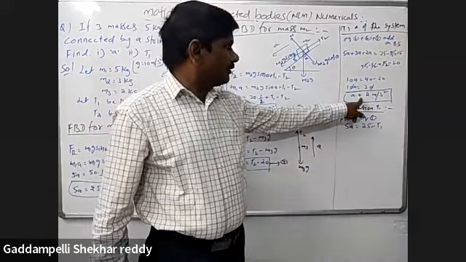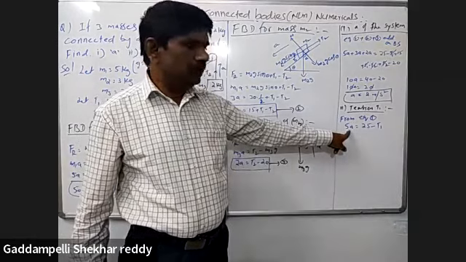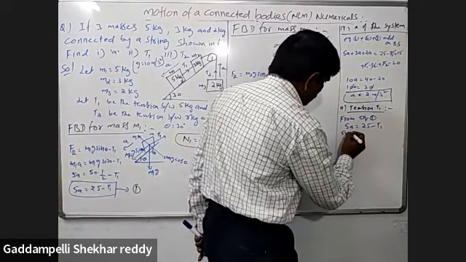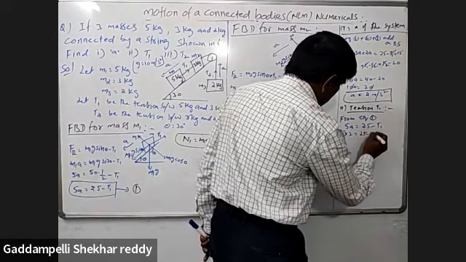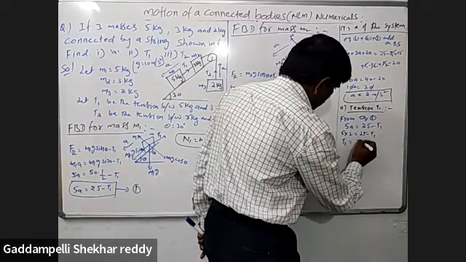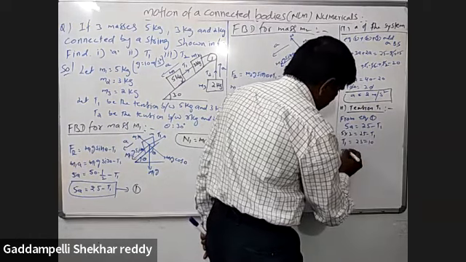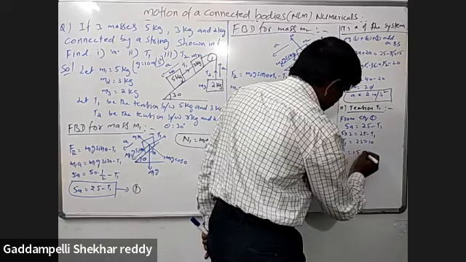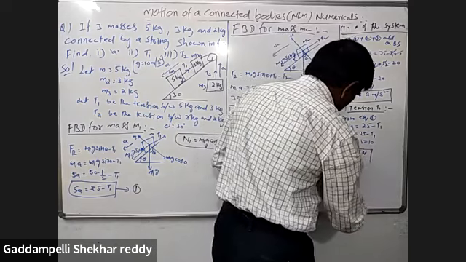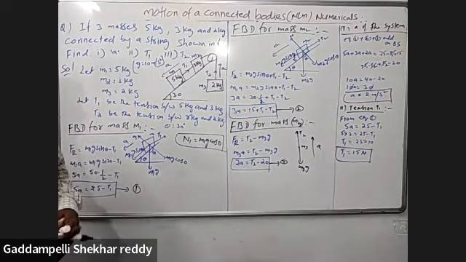A is equal to 2 meter per second square, we are substituting in this equation. So that means 5 into 2 is equal to 25 minus T1. So T1 transfer here: 25, 5 into 2 is 10, transfer that side, minus 10. T1 is equal to 15 Newton.